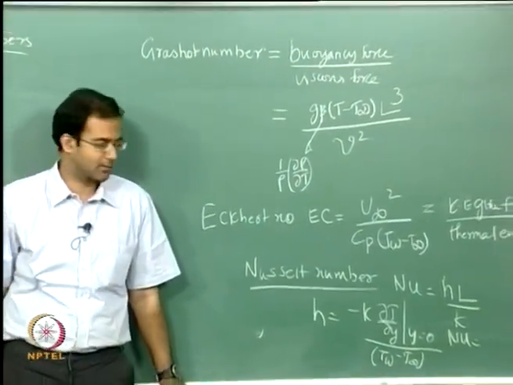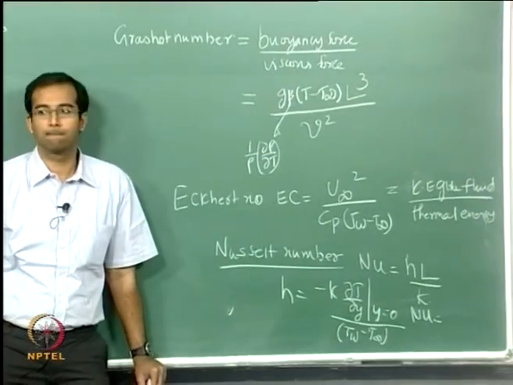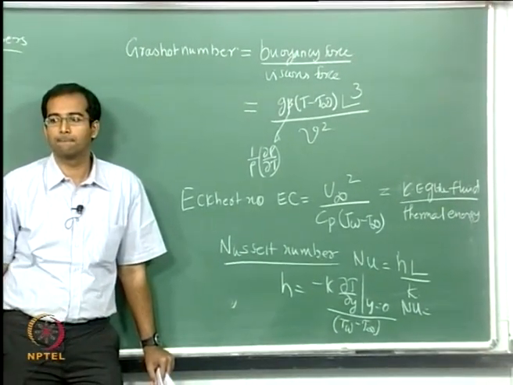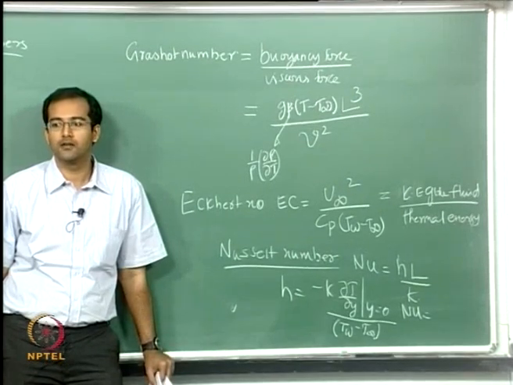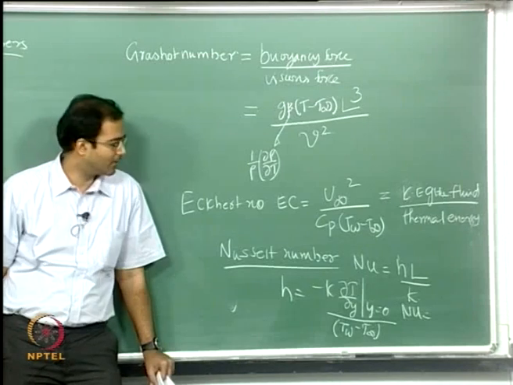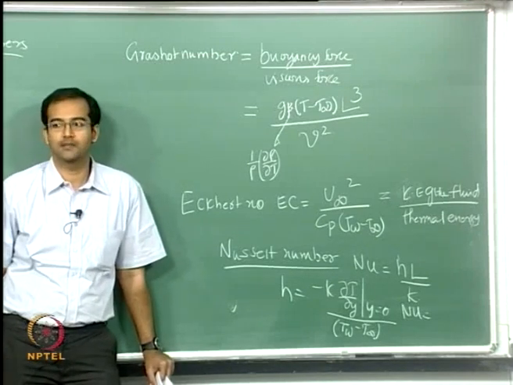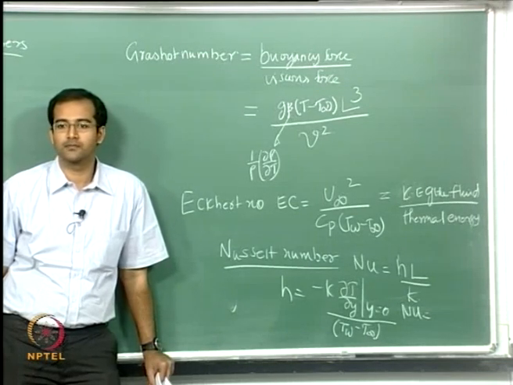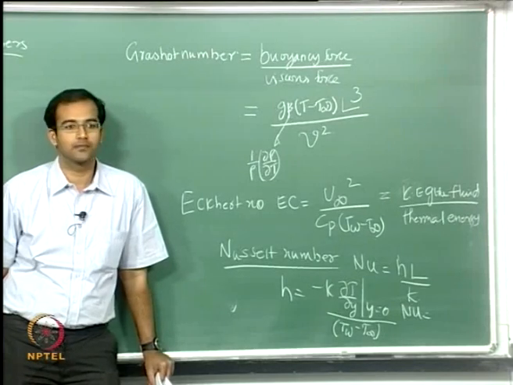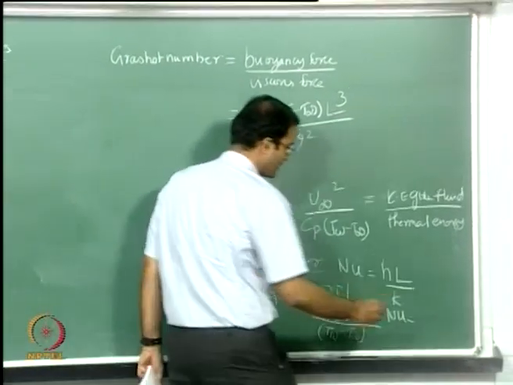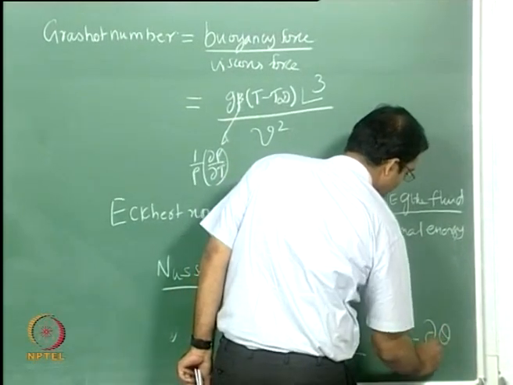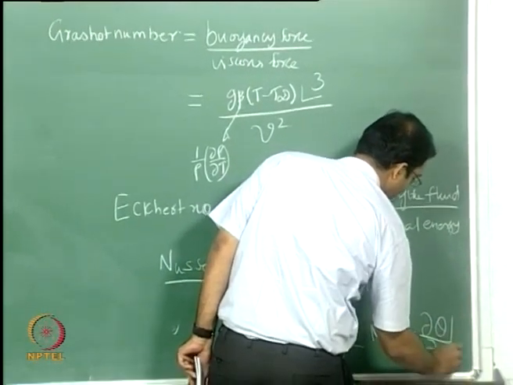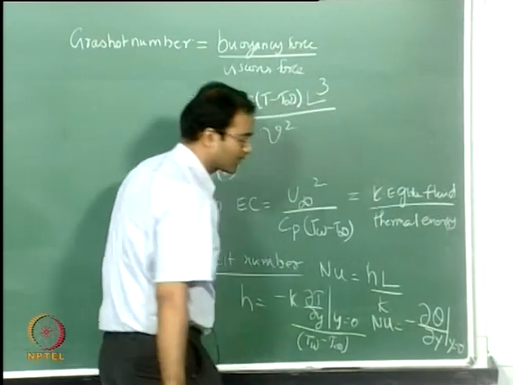So what should be the expression? Into L by K. Now I want to calculate the Nusselt number. Thermal conductivity cancels, and you can also write in terms of non-dimensional Y. L cancels, so that will be minus dθ by dY at capital Y equal to 0.